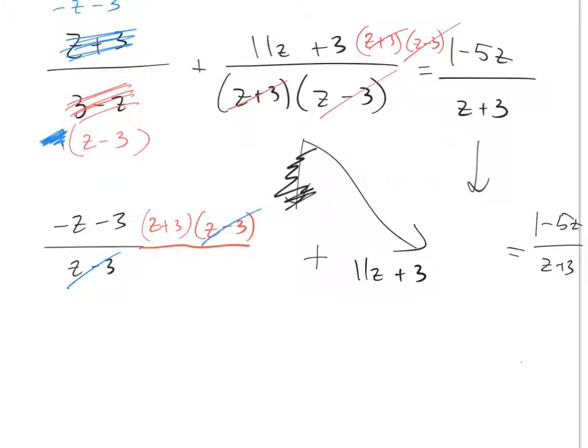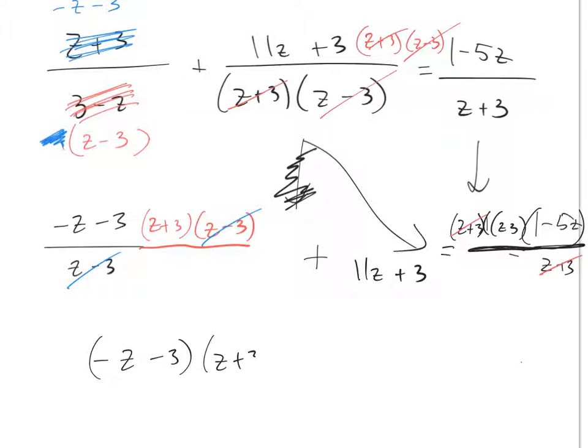And then the last term, I need to multiply again by z plus 3, z minus 3. Z plus 3 is going to cancel over here. So the first term just becomes negative z minus 3, and we're left with z plus 3.